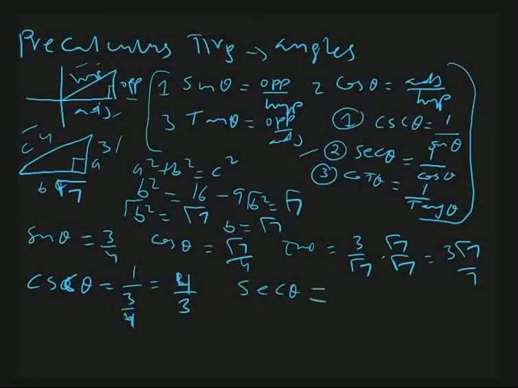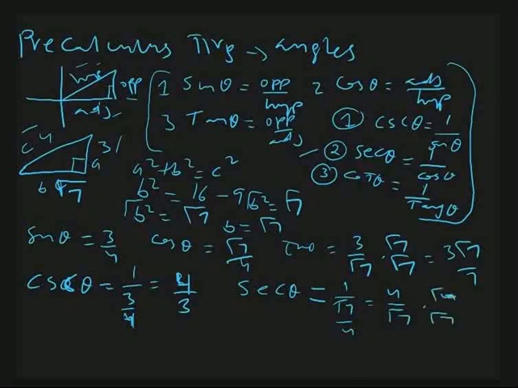Secant is what? Secant is 1 over cosine. So cosine we have square root of 7 over 4. If you flip it, what are you going to get? You're going to get 4 over square root of 7. Again, you don't want to keep the radical in the denominator, so you multiply by another radical, so the square root cancels itself.